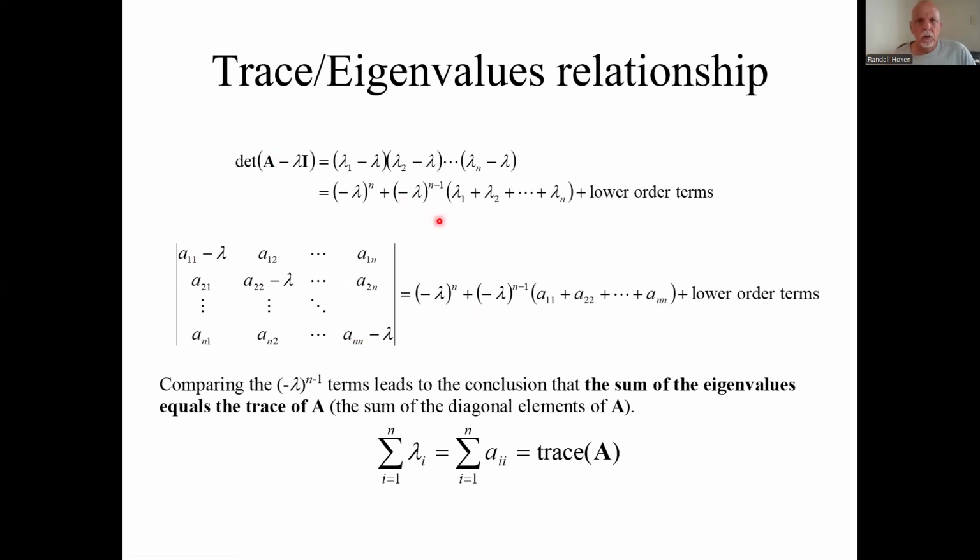But if you compare these terms, the minus lambda to the n minus 1 terms, it says the sum of the eigenvalues equals the sum of the main diagonals of A. That sum is called the trace of A, the sum of the main diagonals. So that's another fact that seemed kind of cool, kind of nifty. The sum of the eigenvalues is the trace of A. The product of the eigenvalues was the determinant of A.